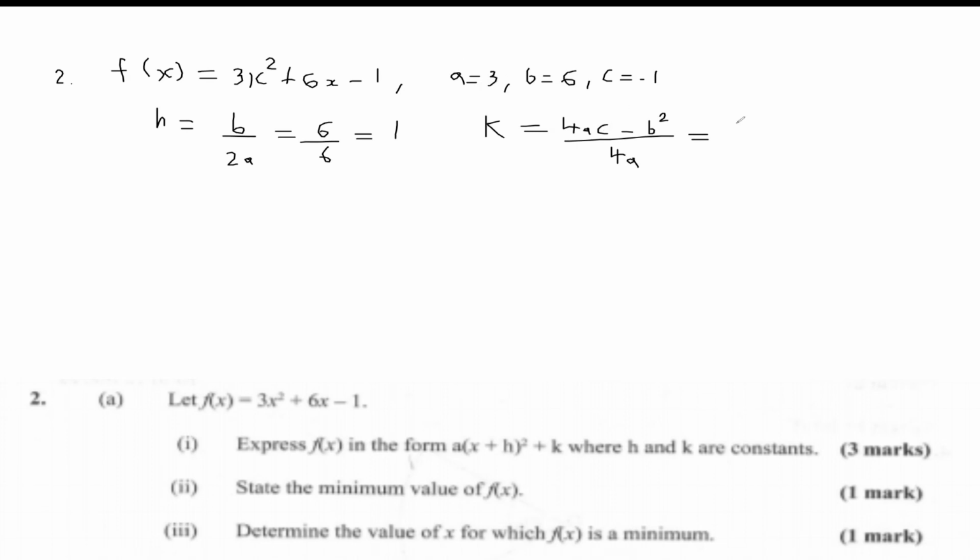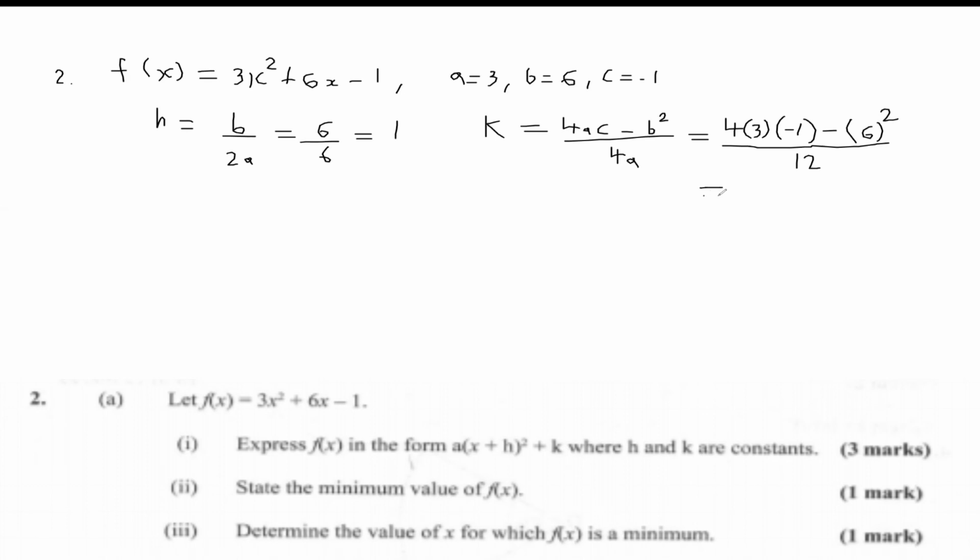A is 3, and so k is equal to 4 times 3 times c, and c is minus 1, minus b, and b is 6 squared, and then we divide it by 4a, which is 4 times 3, which is 12. That will give us k.